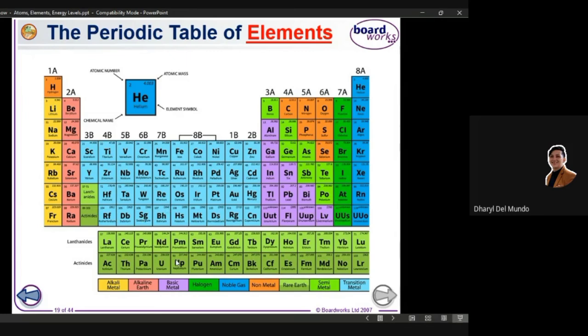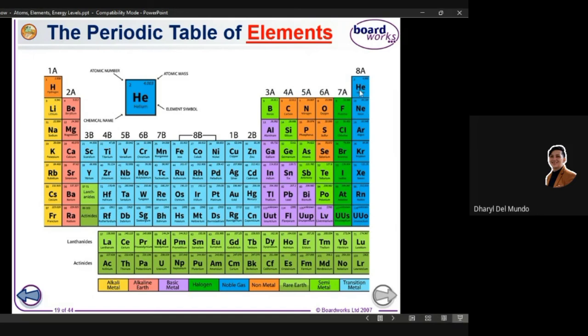Alright, and this periodic table of elements is color coded. So these are the alkali metals here in the first part. Then we have the alkaline earth metals, basic metal, which is the color violet, halogens, which are the 7A. So when you see this, these are the halogens. Noble gases, so this is at your farthest right, of course.